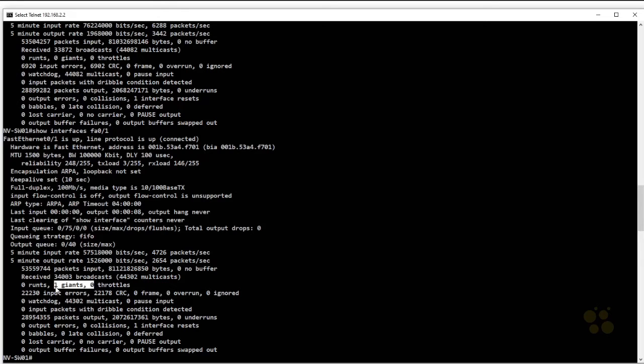You follow that? Runts. Those are frames that are less than 64 bytes. Usually that happens when there's a collision. When you have a collision, the frame literally is like an explosion. Not so much an explosion. Think of it like, this is terrible, like a car accident, right? You're at the intersection, right?